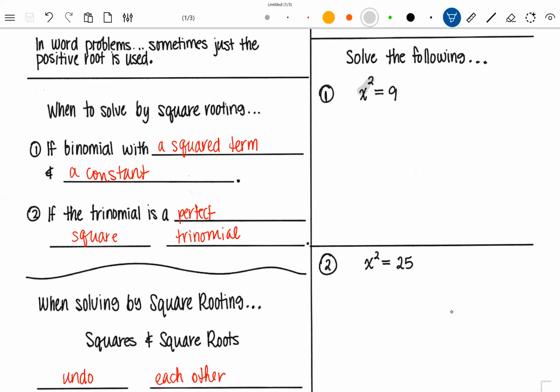So I have 2 terms, a squared term and a constant term. Solving by square rooting is the only one where you don't have to have it equal to 0, because in order to solve this, all I have to do is undo that square by square rooting. If I square root the left, I have to square root the right. And you have to remember that the square root of 9 is positive and negative 3.